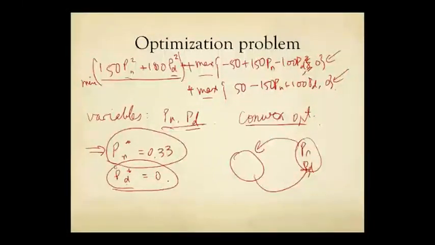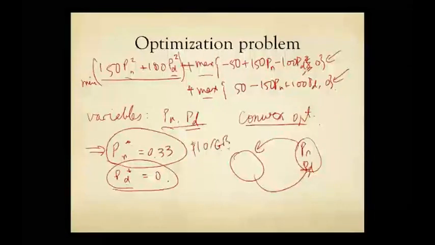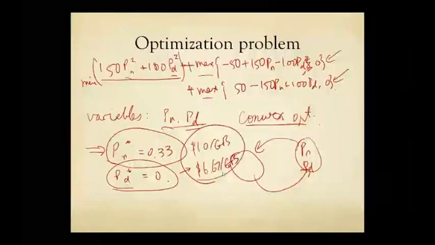Whereas you should provide some strictly positive rewards for shifting traffic into nighttime. That's what Pn represents, and the optimized value Pn star is 33. That is, you should discount the price from $10 a gigabyte down to basically $6.67 per gigabyte for nighttime.